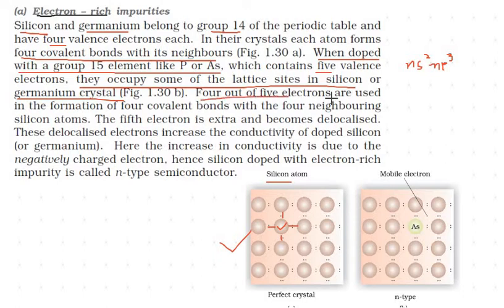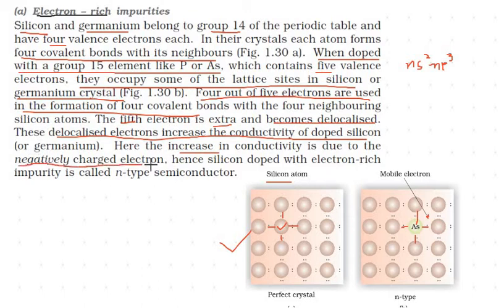4 out of 5 electrons are used in the formation of the 4 covalent bonds, like this. So these 4 covalent bonds are formed, but it still has 1 extra electron because it has 5 electrons. So 4 neighboring atoms are bonded, and the 5th electron is extra and becomes delocalized. This delocalized electron increases the conductivity of doped silicon, and the increase in conductivity is due to the negatively charged electron.